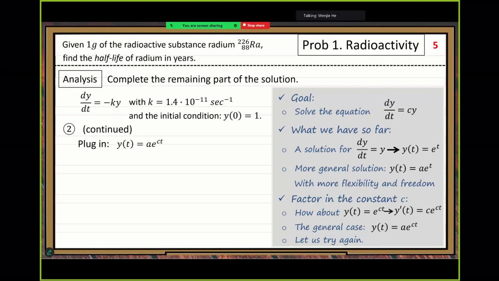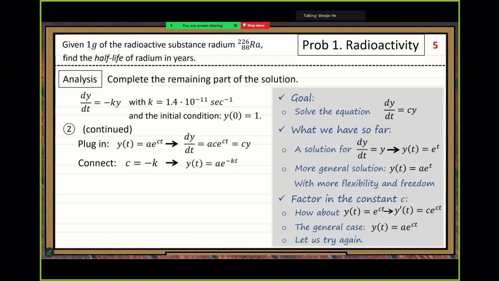Let's plug in. The equation form should be in that way, but C equals negative K, right? So here we verify it. So no problem. But now we want to go back to our K version.